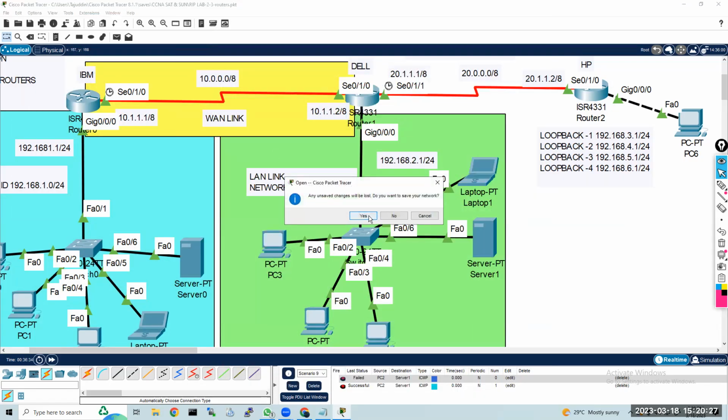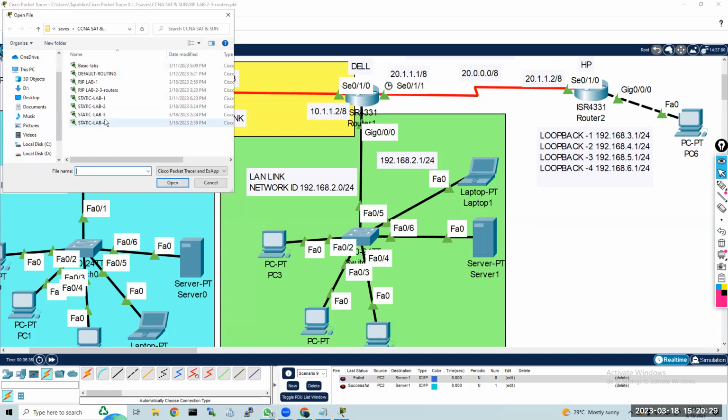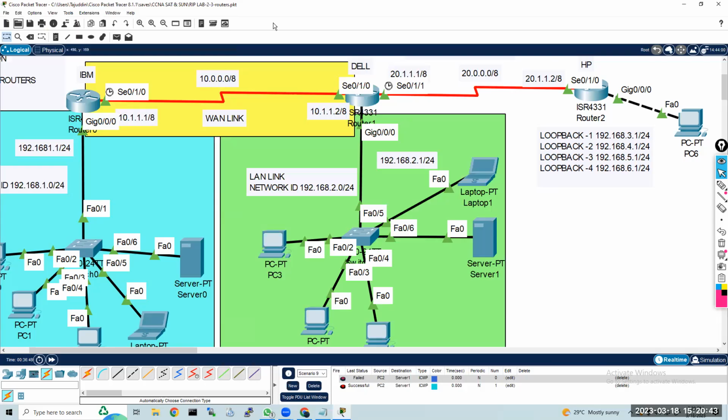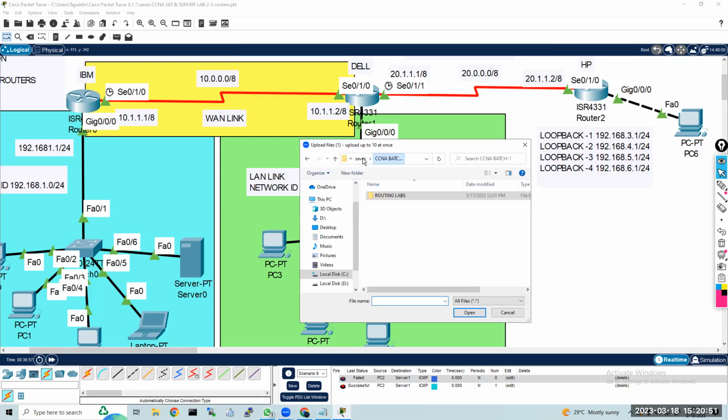Let me send it right away, otherwise I'll forget. Sir, we need to save in each router. We need to just use a command. In real life, when we save like this, we will lose a lot of things. So we need to use the copy command in each router. Yes, yes.